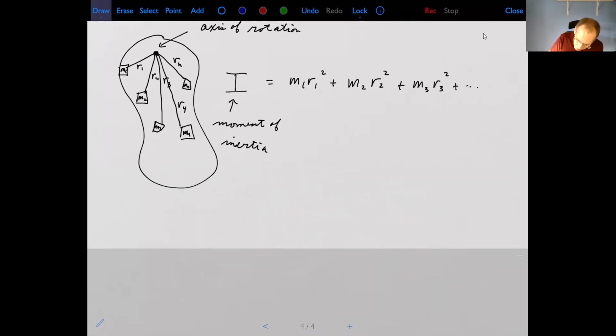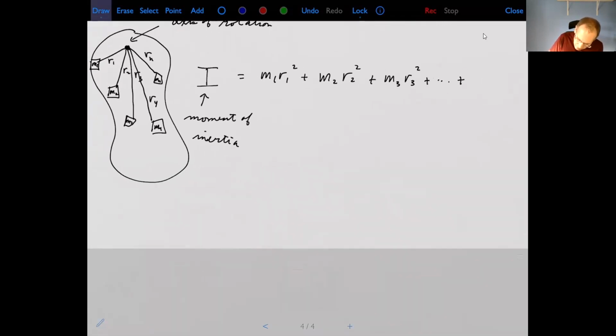And then you go all the way to the last one, which I'm calling Mn times Rn squared. But a more efficient way of writing this, since I'm summing all those things, I can write a sigma. It means sum. And the index goes from i equals 1 to n. And I can write this as M_i R_i squared.